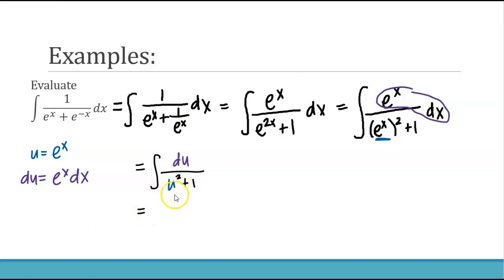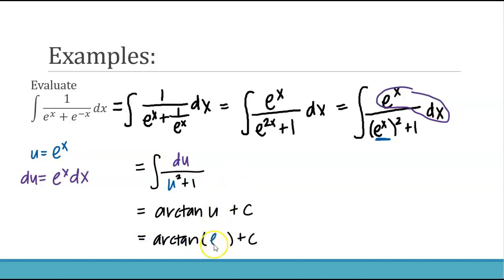And this has an antiderivative that we know. It is tan inverse, or arctangent. So let's use arctangent of u plus c. And then u was, of course, e to the x, so my answer here is arctangent of e to the x plus c.